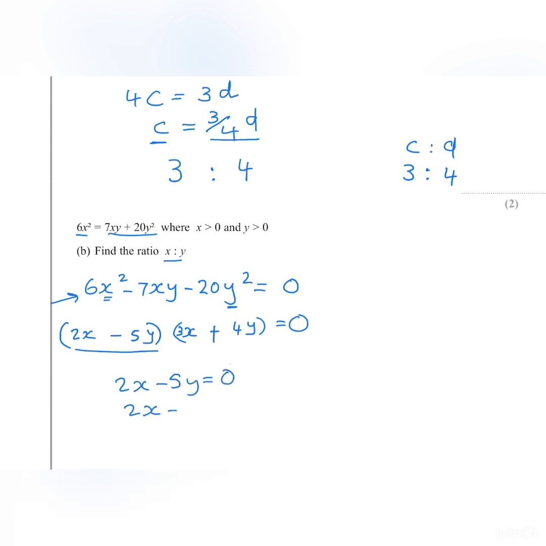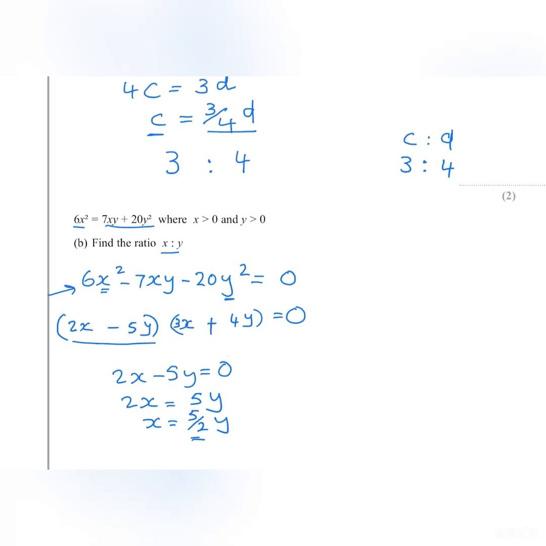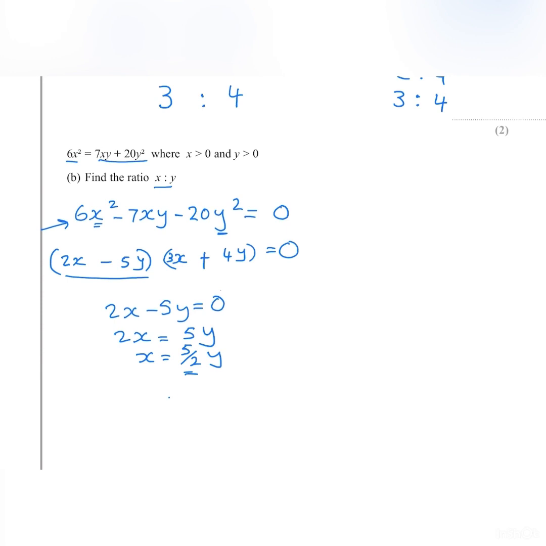and 2x equals 5y, and x equals 5 over 2 y. So x is 2.5 times the value of y.